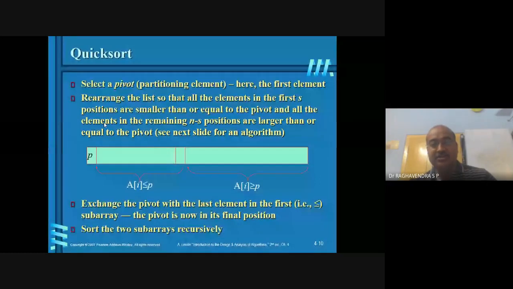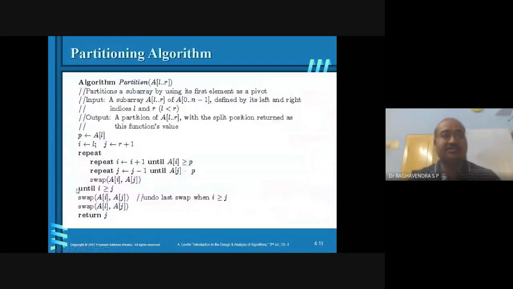Whatever elements are in the first half must be smaller than the pivot element, and whatever elements are in the remaining half must be higher than the pivot element. Then if you keep the pivot element in between, we get a sorted array. So this is the algorithm for partitioning, dividing an array into subarrays.